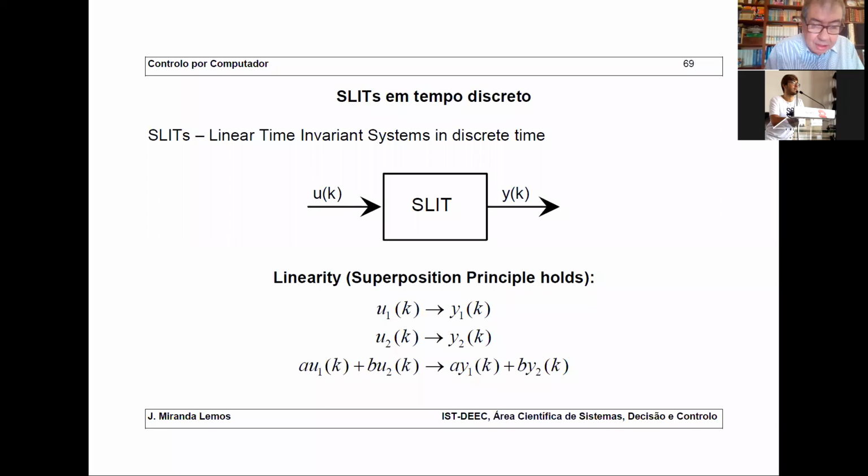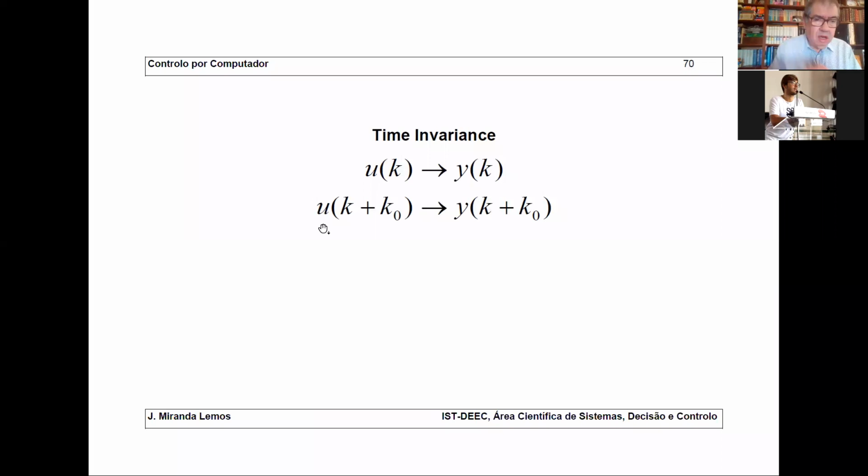So in mathematical terms, if you apply a sequence, a function u of k, k generic, and you get an output y of k. This is the definition. Okay, time invariance here.